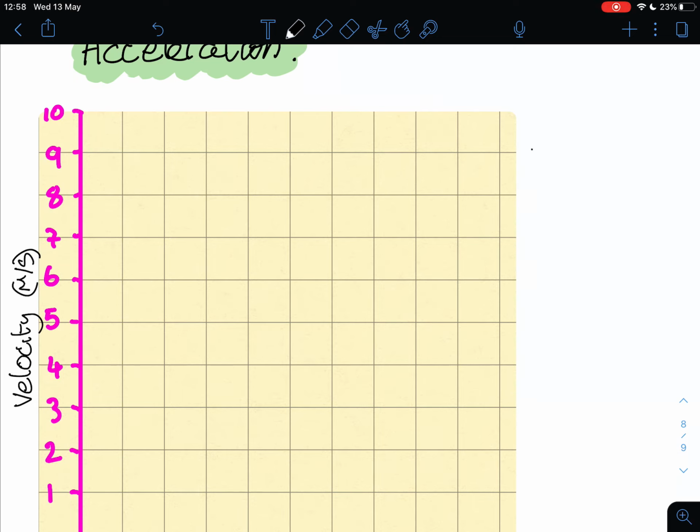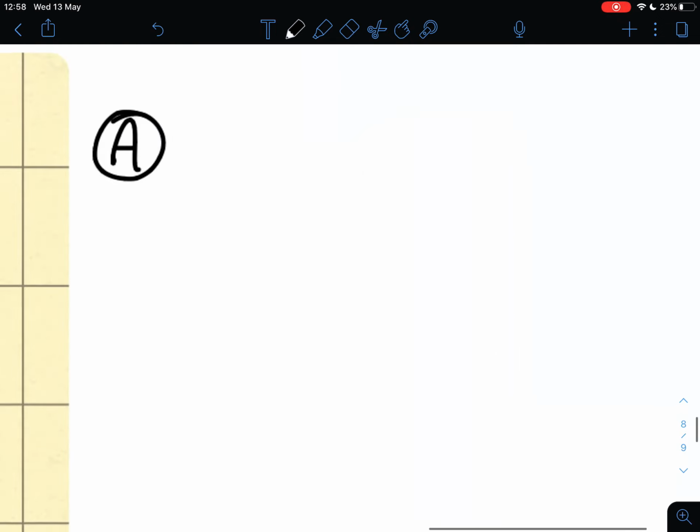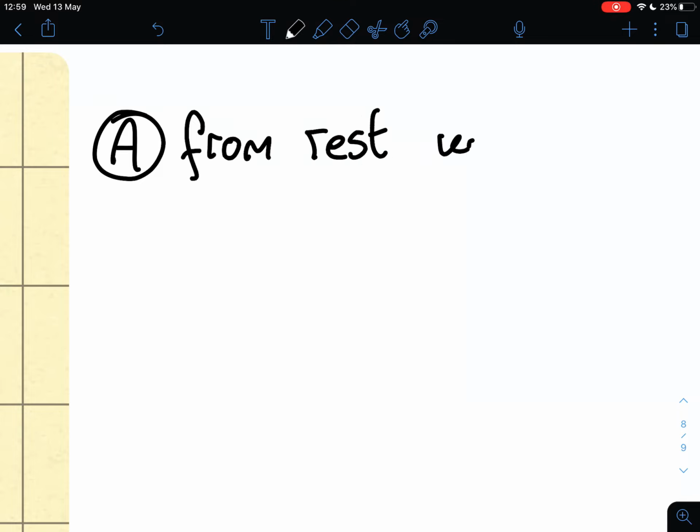Let's plot a route. I'm going to call them A, B, C so my numbers don't get in the way. So let's say A: from rest, so you're not moving, up to 4 meters per second in 2 seconds.